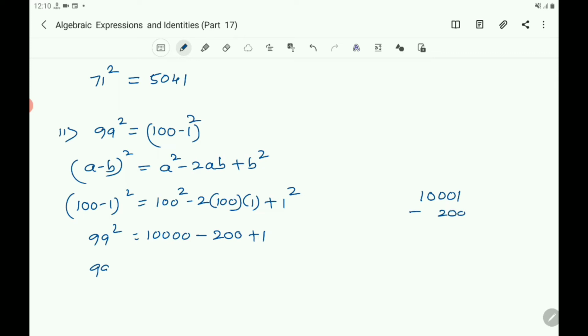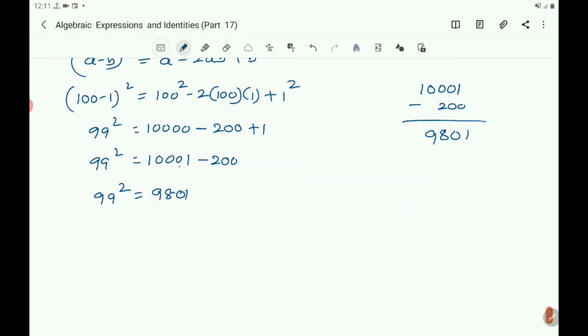So 99 square equals 10,001 minus 200. Subtract 200 from 10,001: 1 minus 0 is 1, then 0, then 10 minus 2 is 8. So you will get 9801. The square of 99 is 9801.